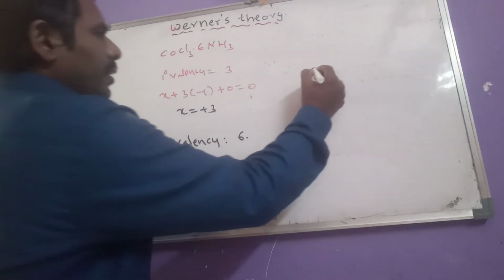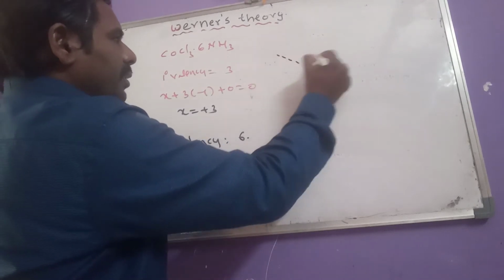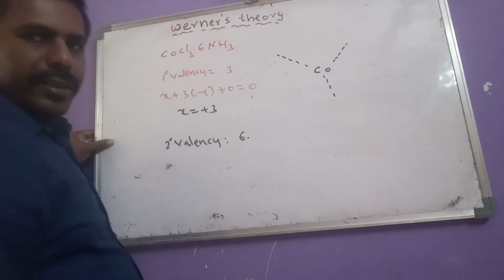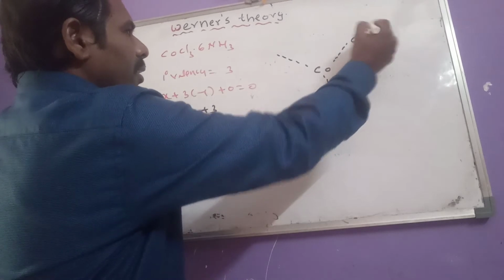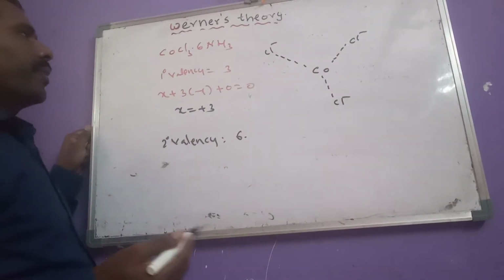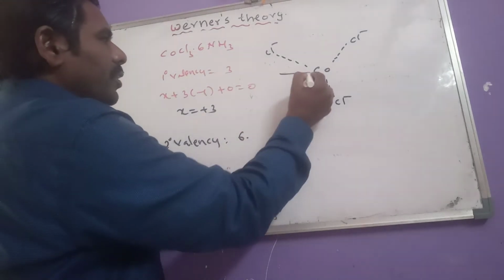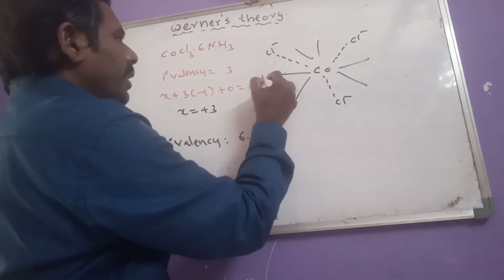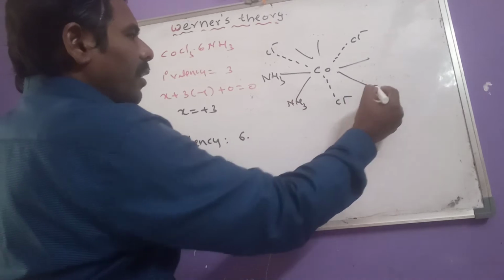Now here, first let us consider Co. We have to draw the 3 dotted lines because primary valency is 3 and it is satisfied with negative ligands. So we are writing Cl minus ligands here. Now its secondary valency is 6, so let us draw the 6 thick lines. Now these are satisfied with neutral ligands.